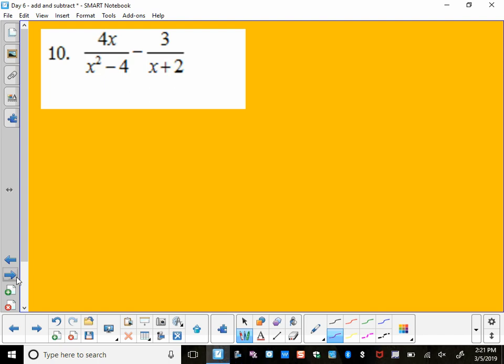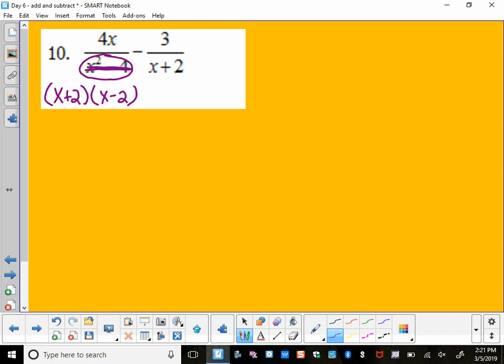Number 10. I cannot start out doing my LCD because this is not factored all the way down. So what's going to go inside my parentheses? X plus 2 and x minus 2. We can cross out that x squared minus 4. Don't need it anymore.